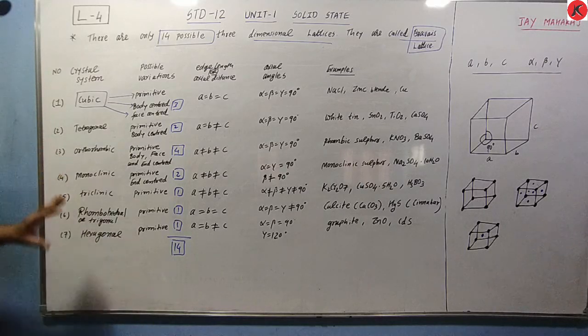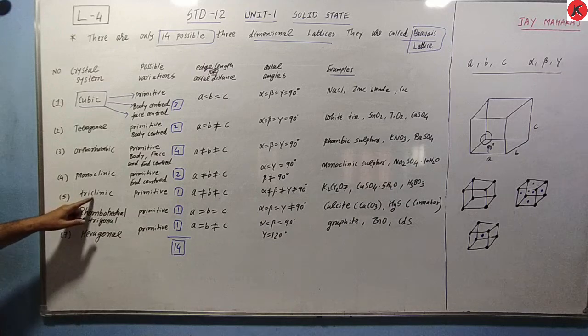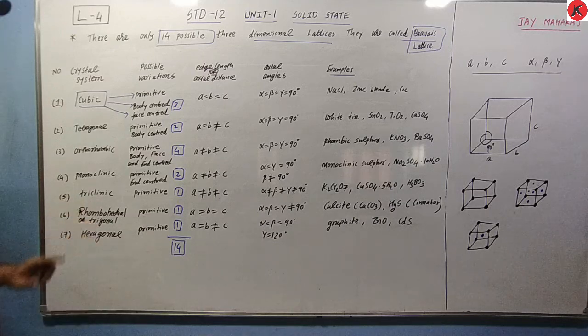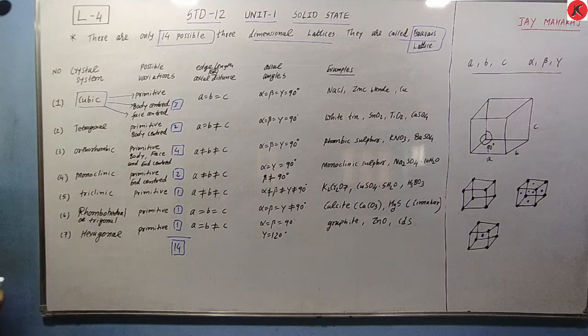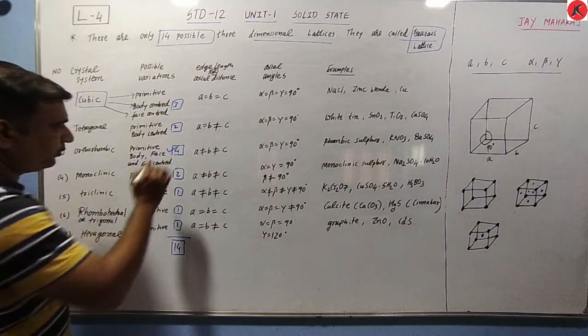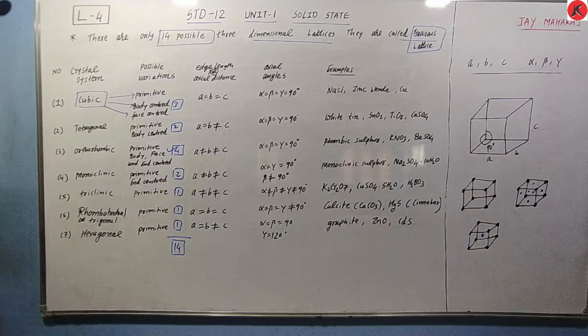Now we can observe that in triclinic, rhombohedral and hexagonal, only the primitive unit cell is possible, no variation. Remember, only in the orthorhombic system are four types of variation possible.